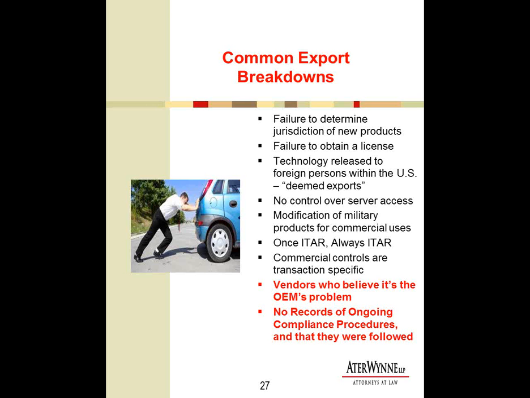That could include whether or not you determined whether an export license is needed. Could be failure to prevent a release of restricted information to foreign persons within the United States. It could be a consequence of not having proper server control over your servers and the flow of information within your company.